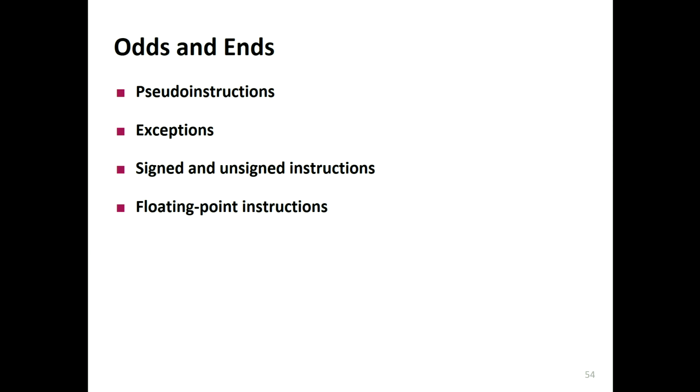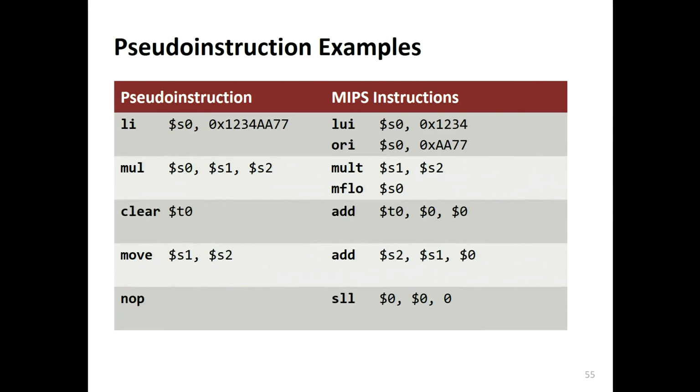We're going to talk about some pseudo instructions, which are essentially macros that help make the coding experience much more pleasant. Exceptions, and as optional things, we have floating-point instructions and such. Pseudo instructions are here to make your programming easier.